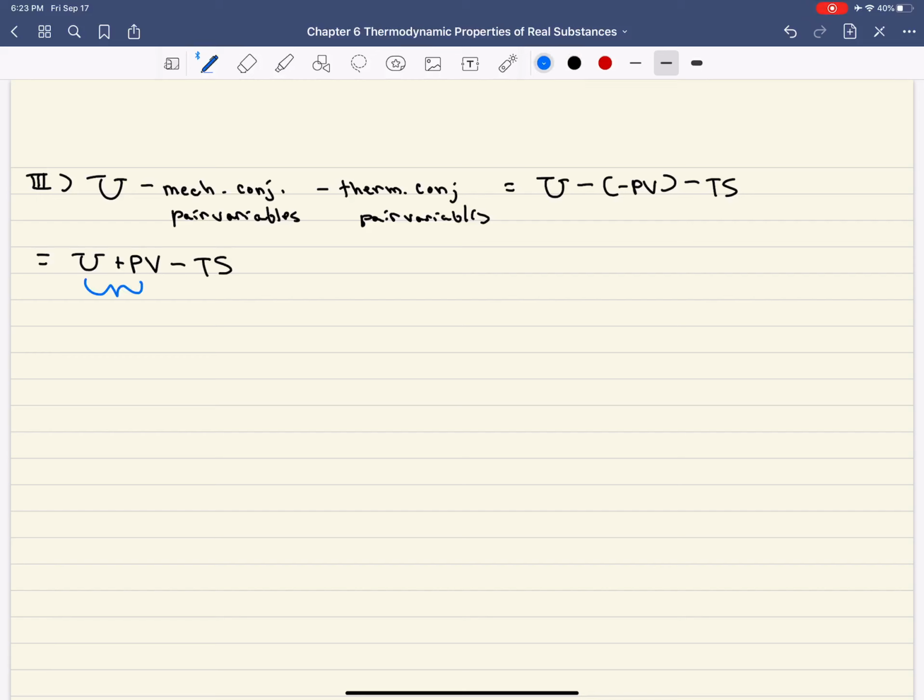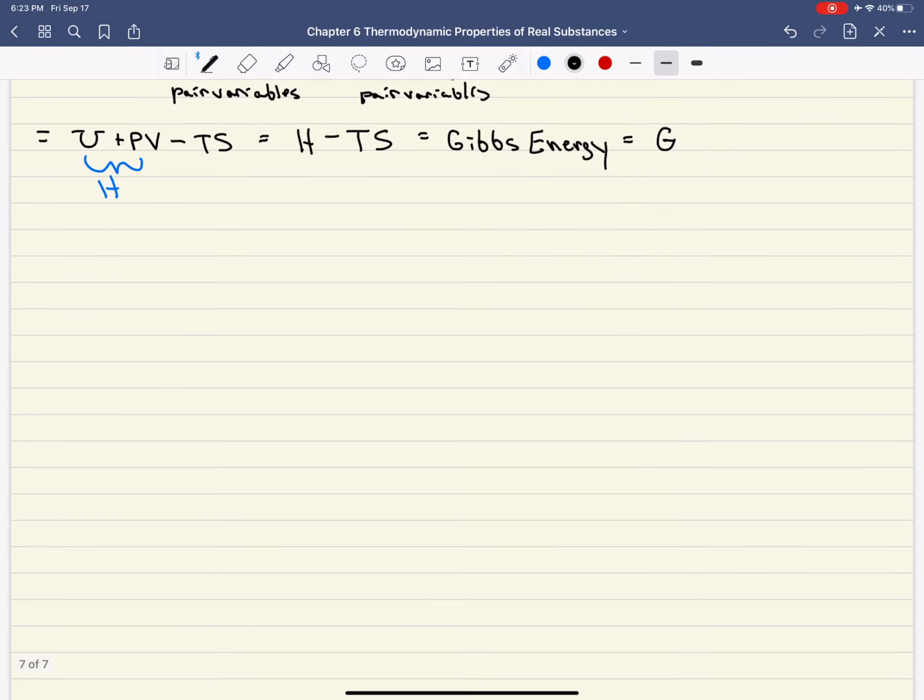U plus PV, that's enthalpy. And so here we get H minus TS. This difference, this is what we call the Gibbs energy. And this is abbreviated simply as G. Okay. All right. And so if we take the total derivative of G, that's going to be dH minus d(TS).